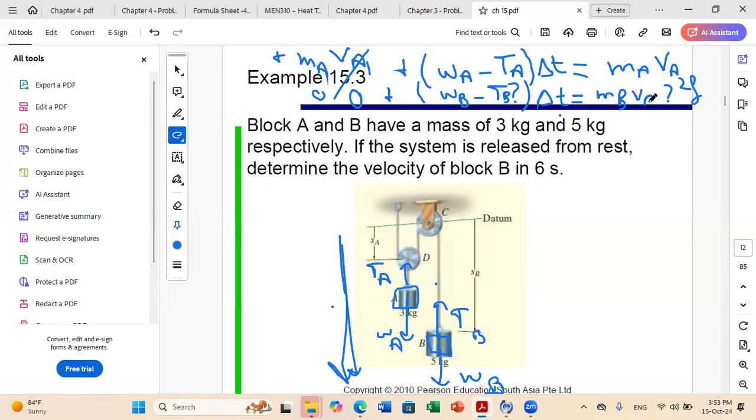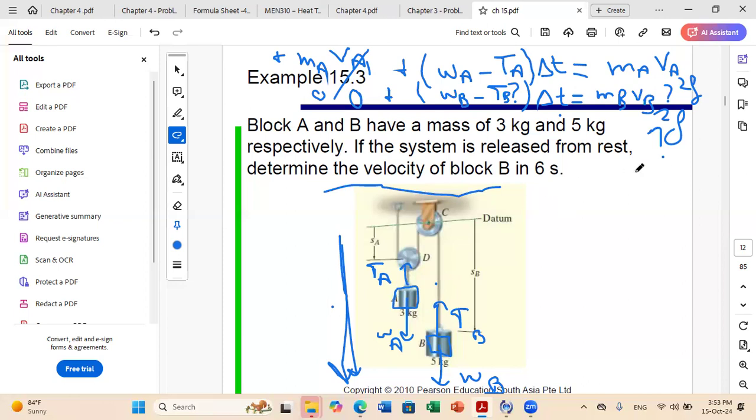VB2 final is the unknown here. They told us to find the final velocity of B, so it's an unknown. But they gave us the time needed to reach this step, which is 6 seconds, okay?